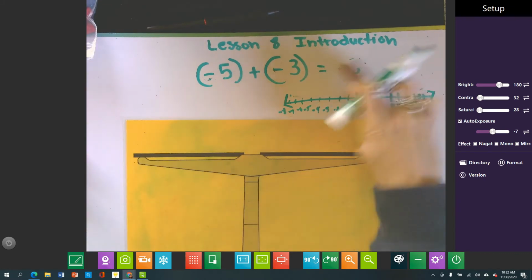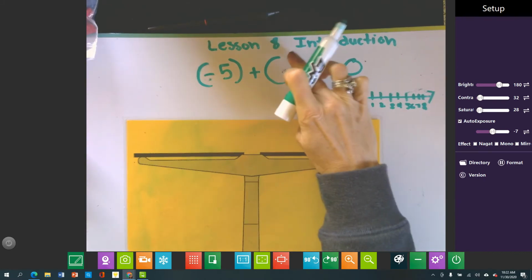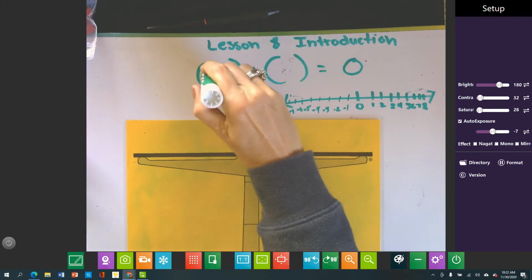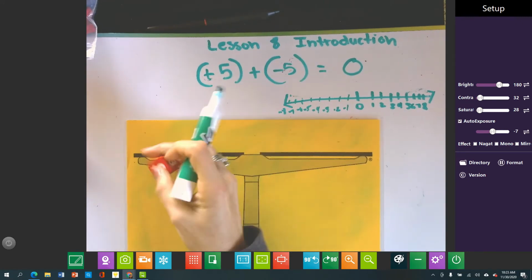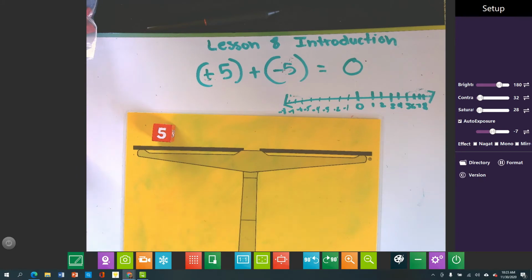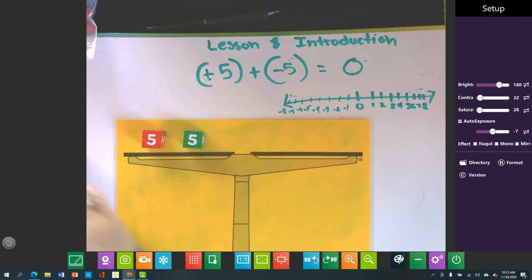Another one. Now I'm going to show you how you could get to 0. So if I started at positive 5, that means my soup is hot, and I'm going to decrease it by 5, what will my temperature be? It will be 0.